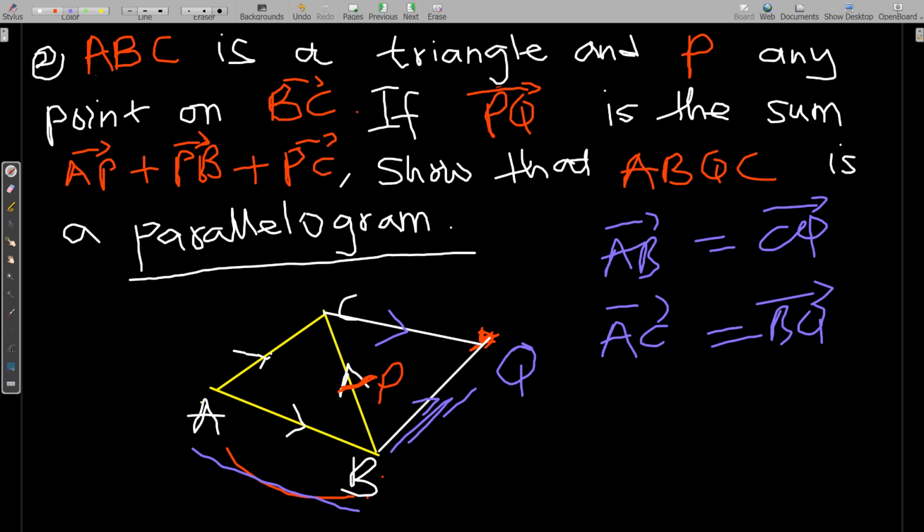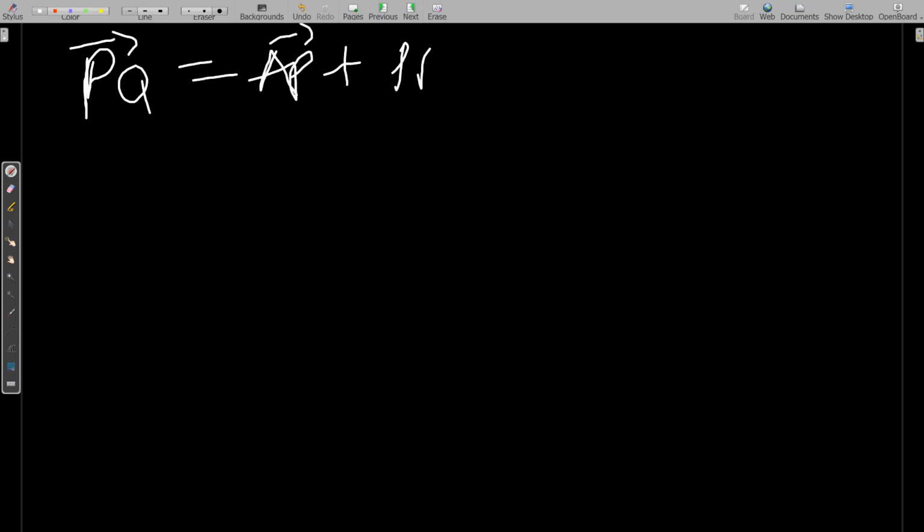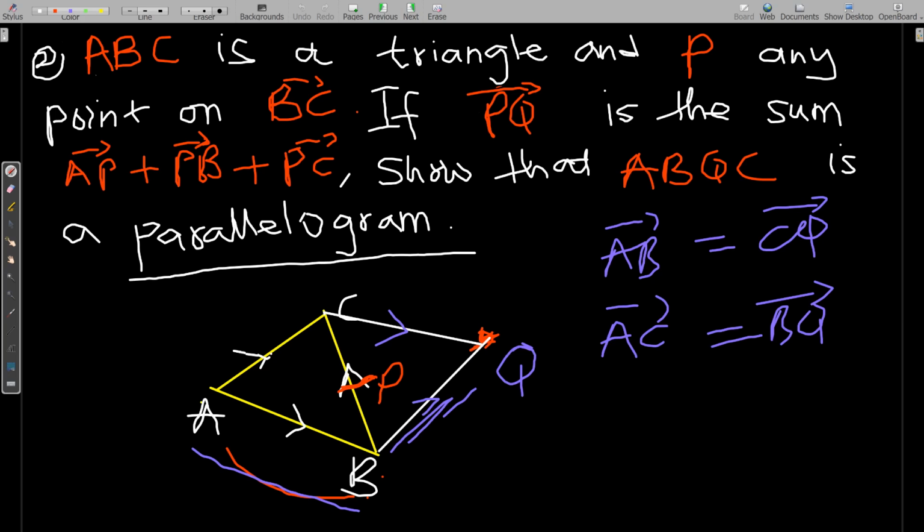So first of all, let's start with the information given. We're given in the question that PQ is the sum AP plus PB plus PC. Now this is how our PQ looks: from P to Q. Let me use a straight line for you.